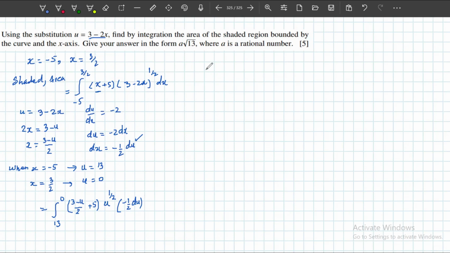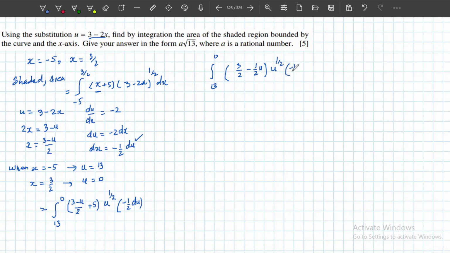So the next step is the integral with lower limit 13 and upper limit 0. I will try to simplify inside. The inside function becomes (3 minus u) over 2 plus 5, and next is u to the power 1 by 2.